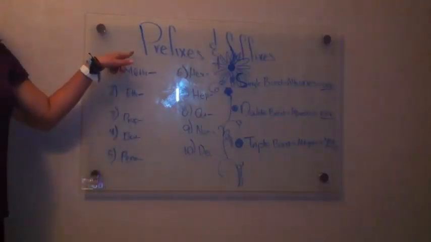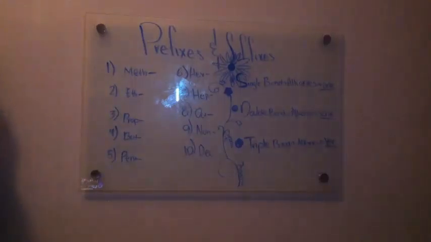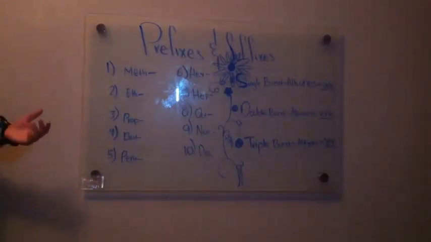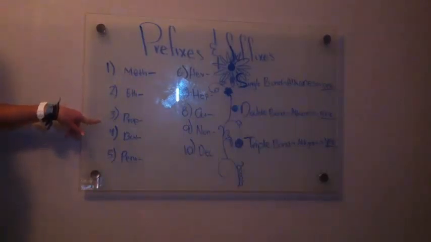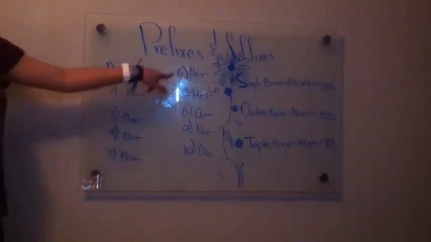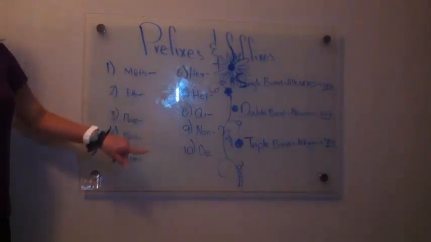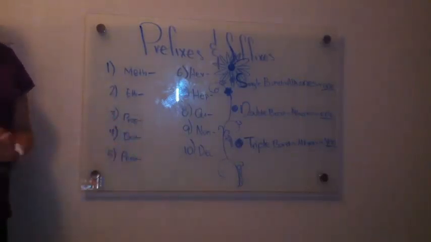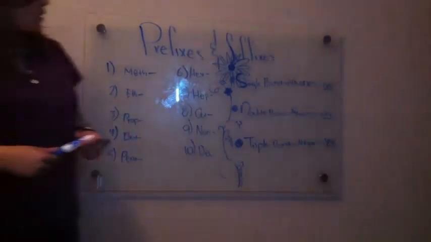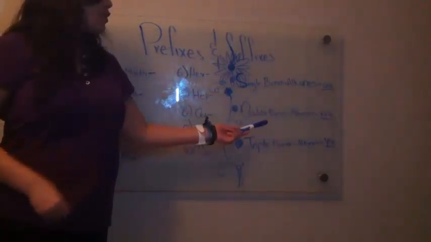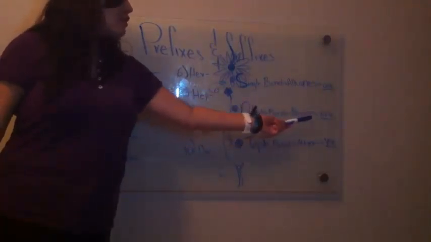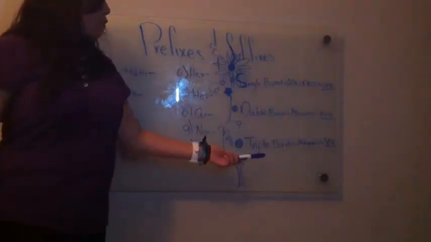The prefixes are for the beginning of the word. The first are met, et, prop, but, pent, hex, hept, oct, non, dec.